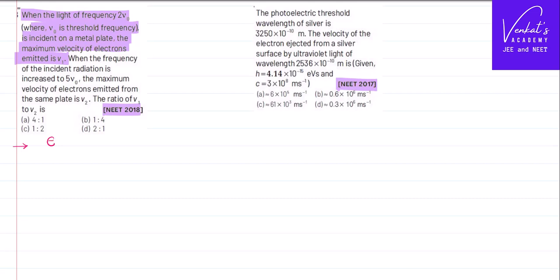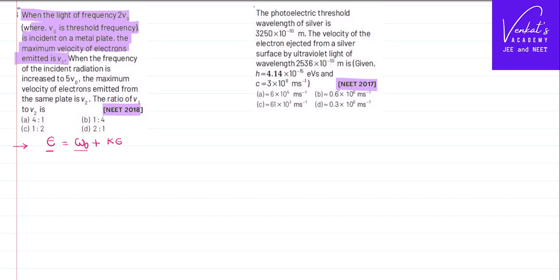energy incident on a metal surface is first used to release the electron from the metal surface, that is called work function. Energy of each photon is used to release an electron from the metal surface, and that energy is called work function. After that, if the incident energy is still more, that helps to move the electron with a certain kinetic energy.